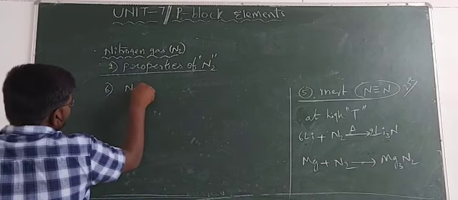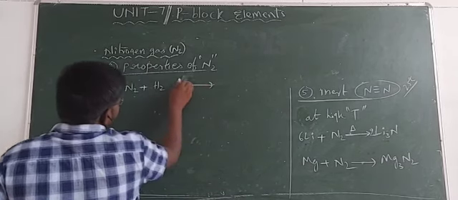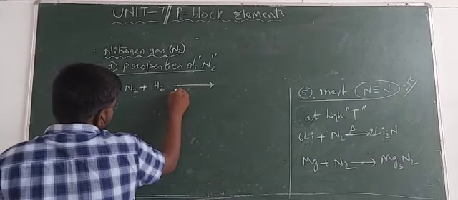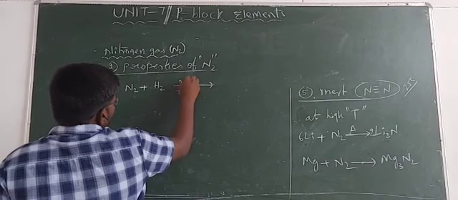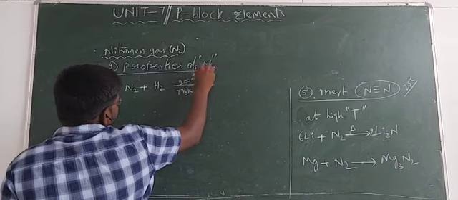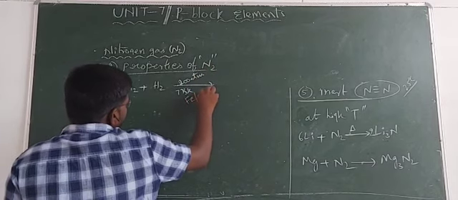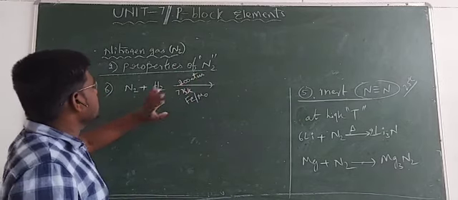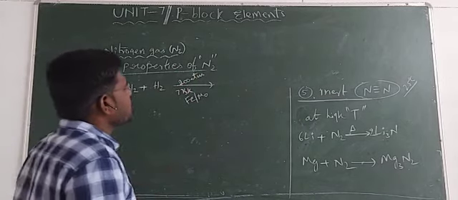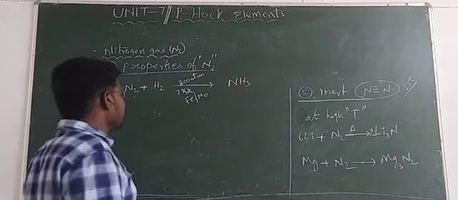Nitrogen, when it is treated with hydrogen gas at a temperature that is 773 kelvin at pressure 200 atmospheric pressure, and catalyst is iron and molybdenum, that is the promoter. So at this condition, when nitrogen is treated with hydrogen, we will get the ammonia, that is NH3.